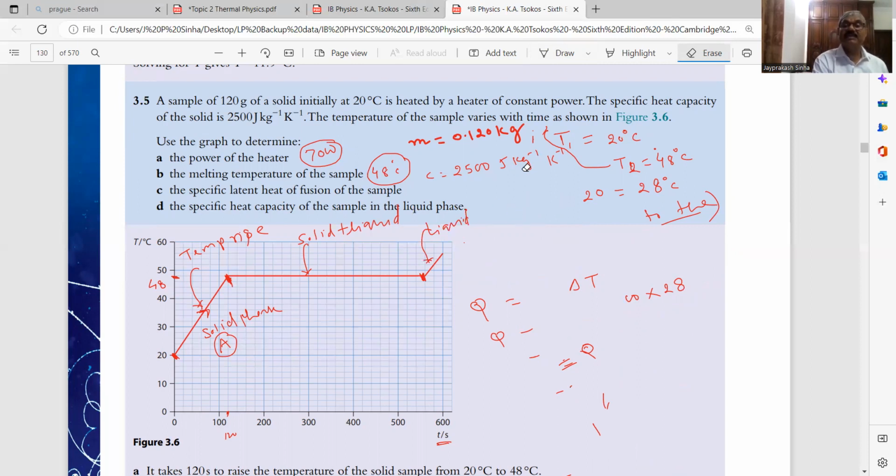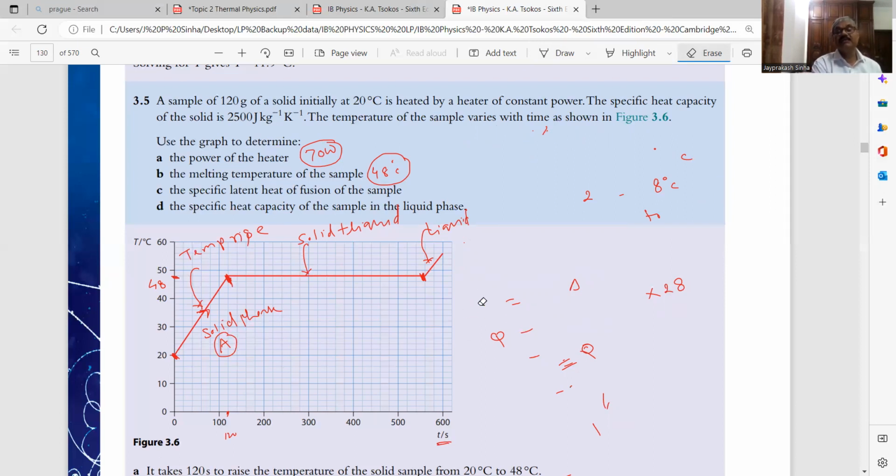And because there was a temperature rise in part A, we used the concept of specific heat capacity, Q is equal to MC delta T. The mass everywhere will be used as 0.120 kg, because the mass of the solid is 0.120 kg, and the same substance is being converted from solid to liquid.